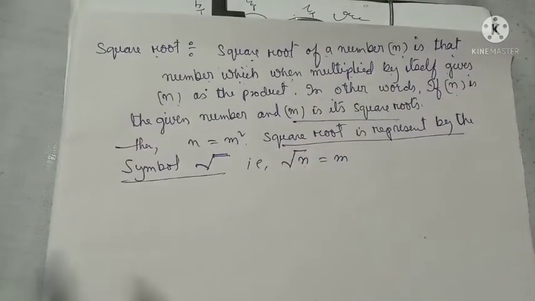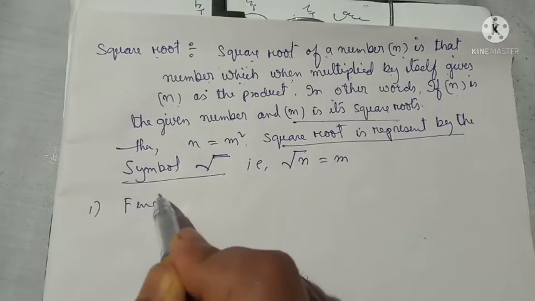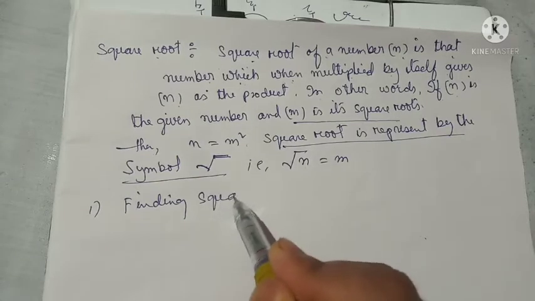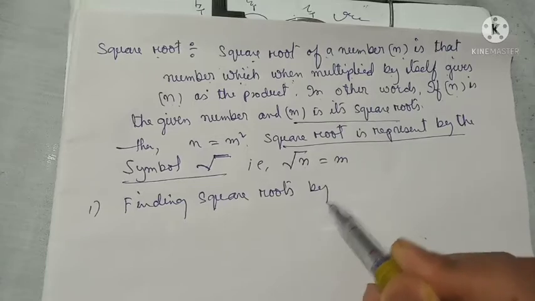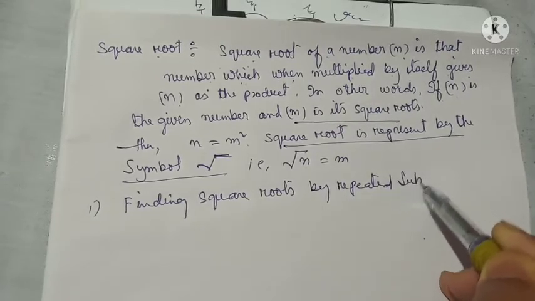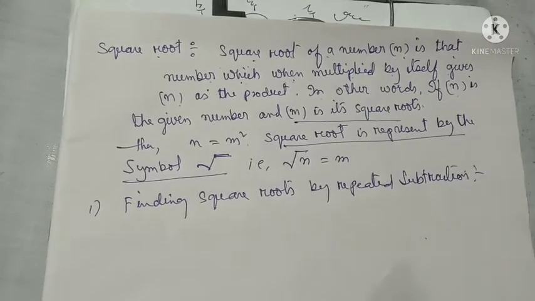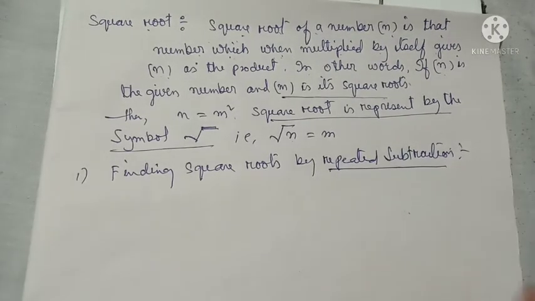The first method is finding square root by repeated subtraction. This is the first method of how to find out the square root by repeated subtraction.